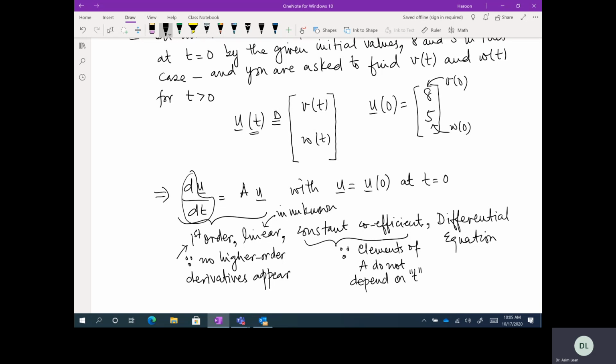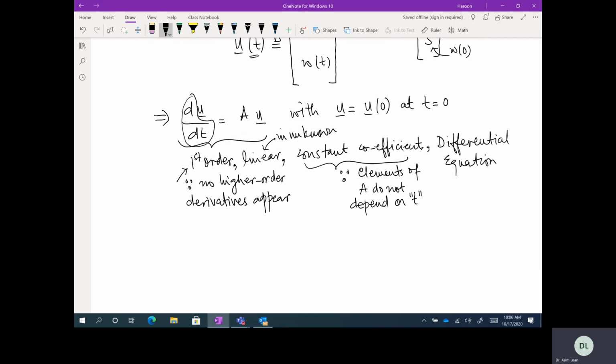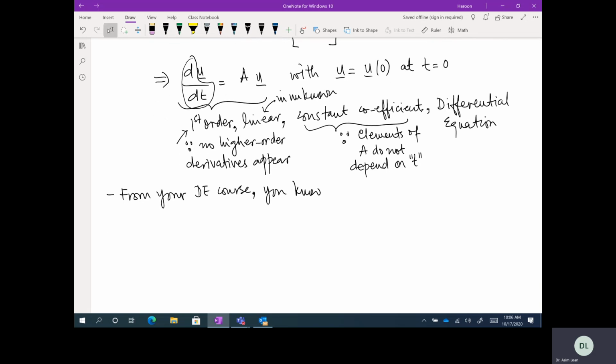And from your differential equations course, probably the one that you took in the last semester, you know the solution of a first order differential equation.